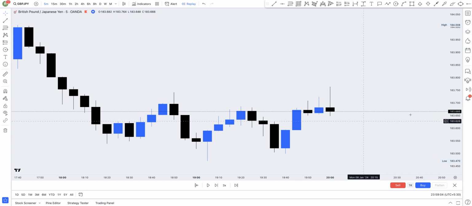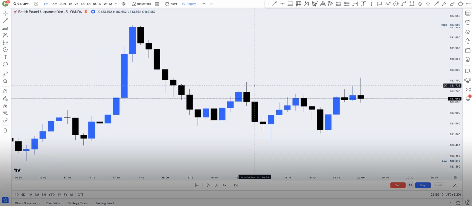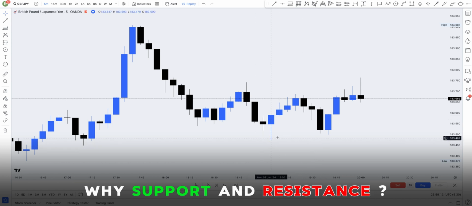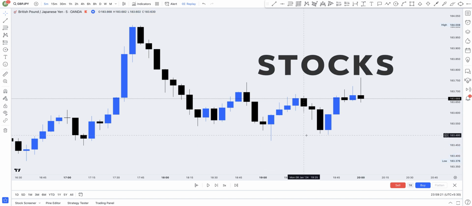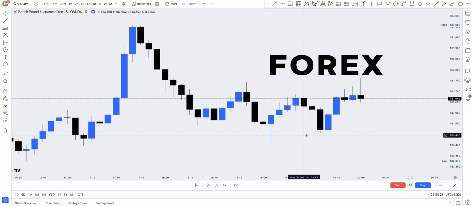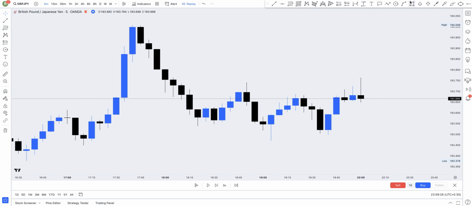The first strategy we are going to consider is support and resistance. So why did I say support and resistance? Support and resistance are the core when it comes to trading any assets like stocks, forex, futures, crypto, and so on. So first of all, we consider our support and resistance zone at this point.